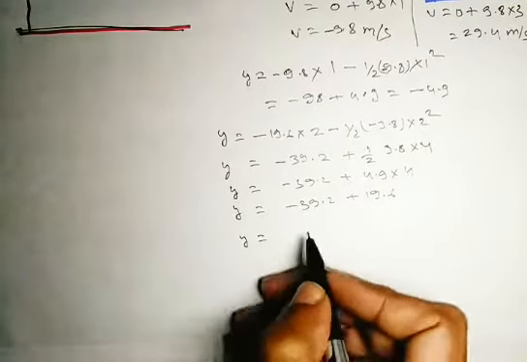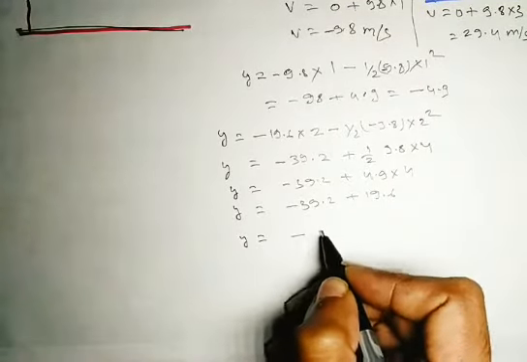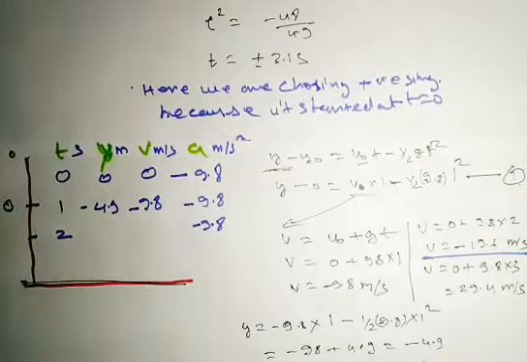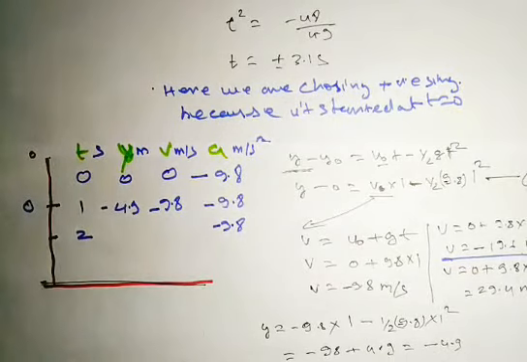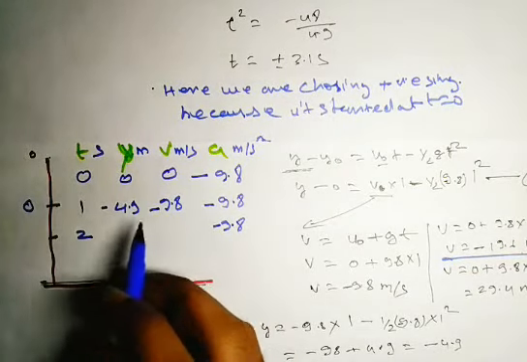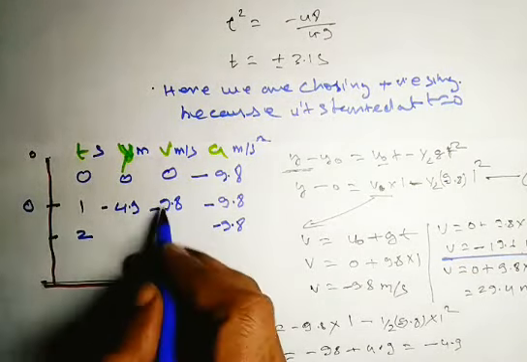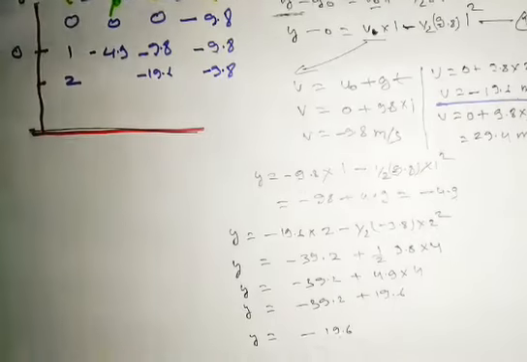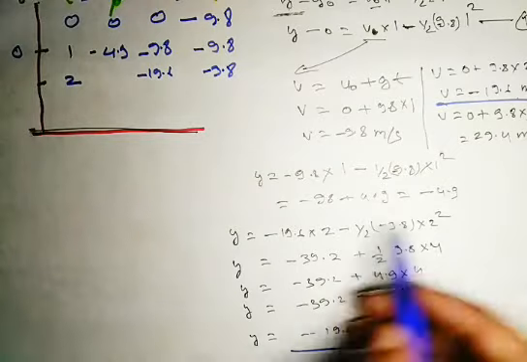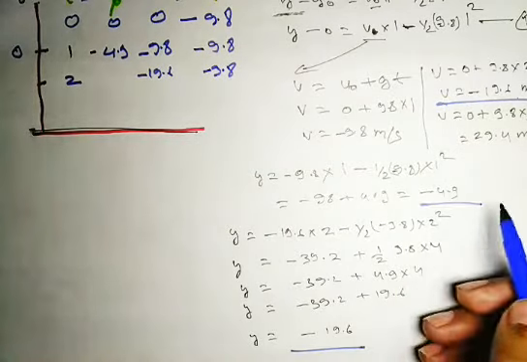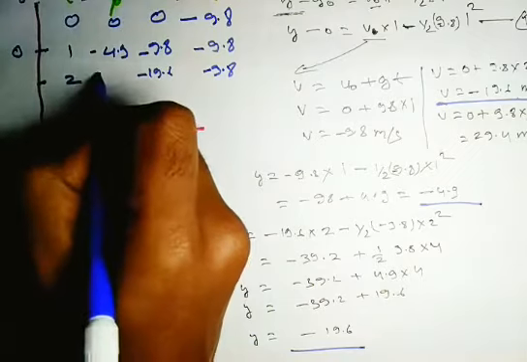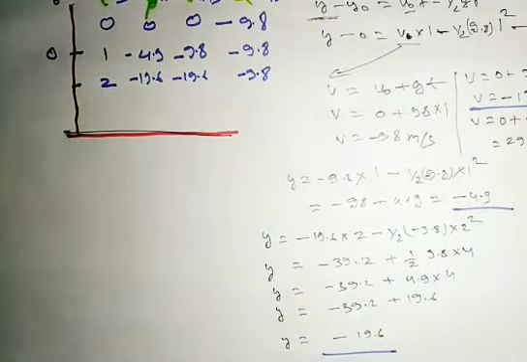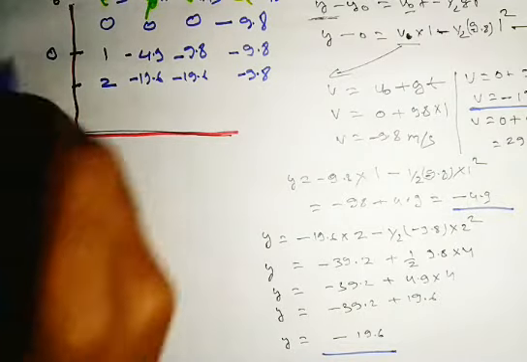Then y will become minus 19.6. So we have v equal to minus 19.6 and y equal to minus 19.6.